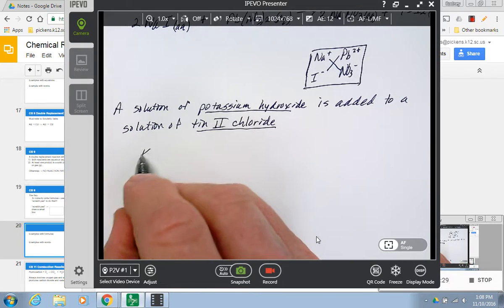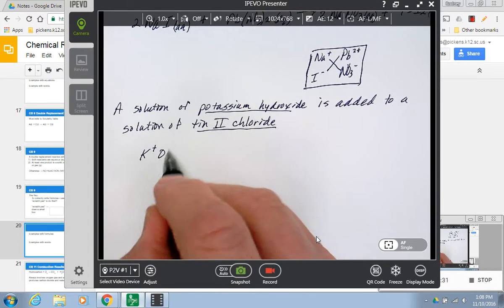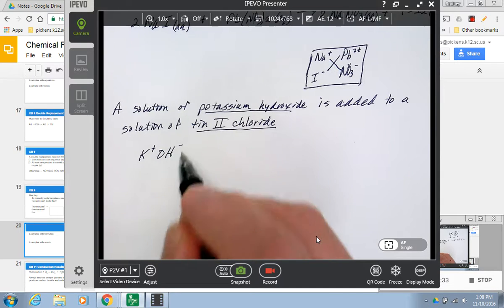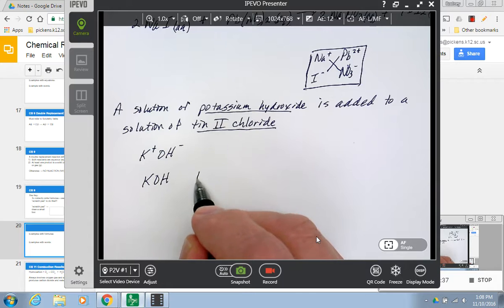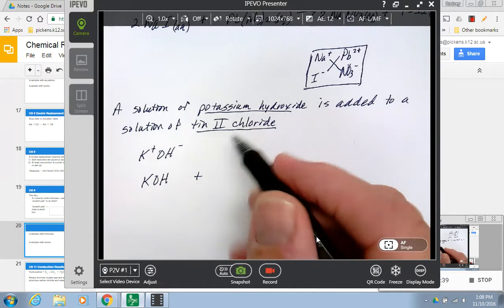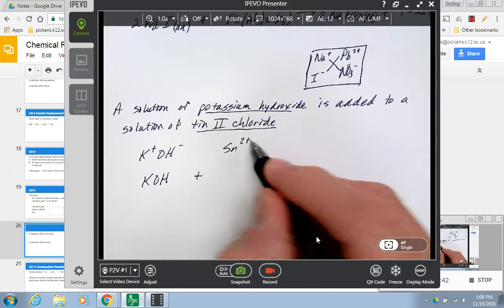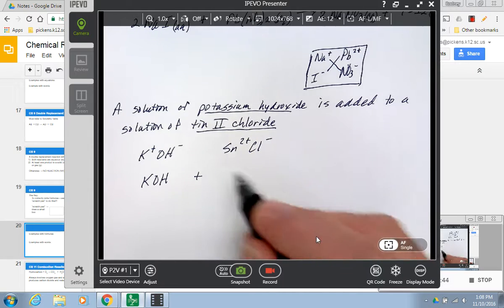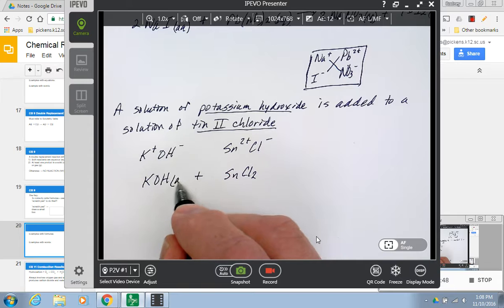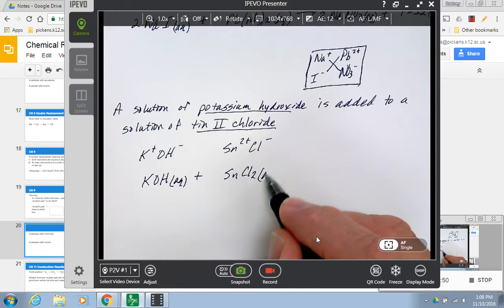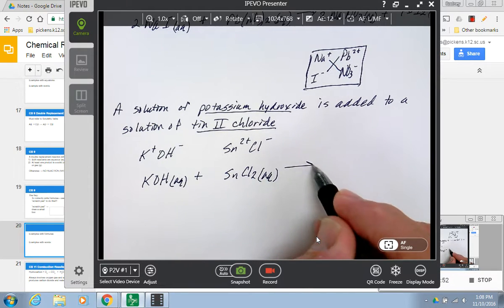So we have a solution of potassium hydroxide is added to a solution of tin-2 chloride. Potassium is K with a plus charge, hydroxide is OH with a 1 negative charge, so that's going to be KOH, plus tin-2, which is Sn 2 plus, Cl 1 negative, so we're going to have SnCl2. And that's a solution, so that's aqueous. So our first condition is met.